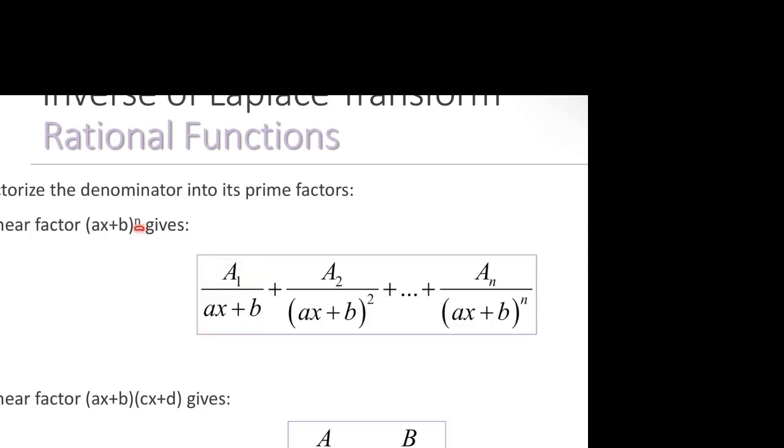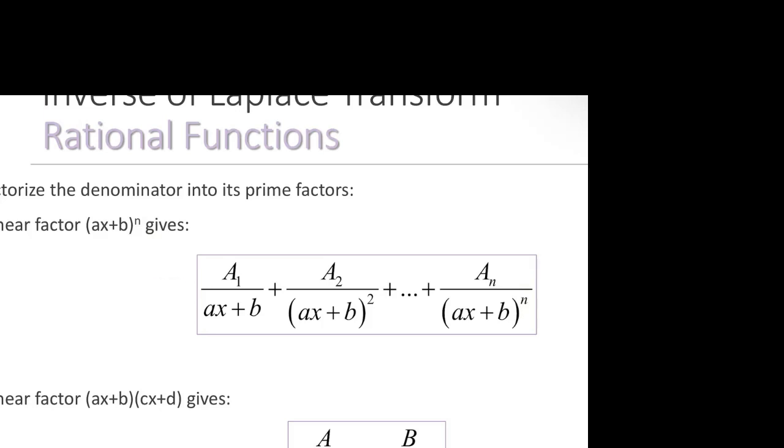Because we have the power of n, first we write the first constant, let's say A1, over (ax + b), plus another constant A2, which we will find later, over (ax + b) squared, plus A3 over (ax + b) cubed, and you keep adding until you reach the highest power, which is n.